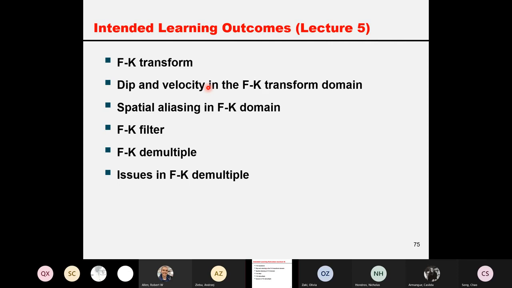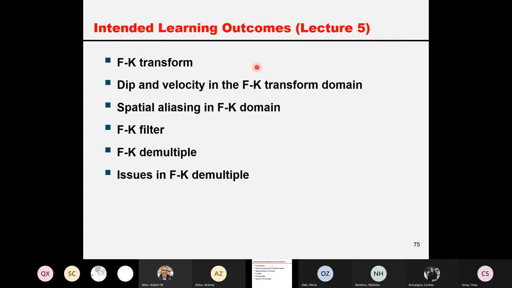One along the time axis, and another follows with the Fourier transform with respect to the spatial axis. So you transform the data from the time-x domain to the frequency-wavenumber domain. Just straightforward to FK.